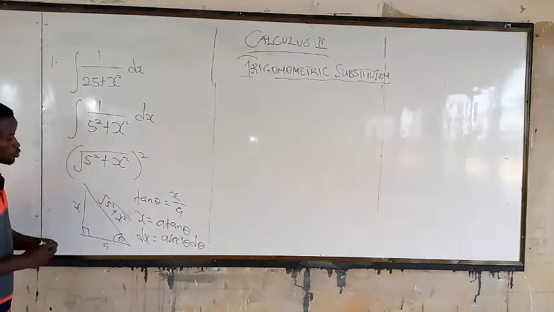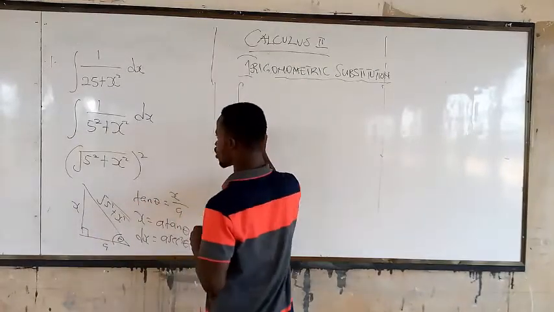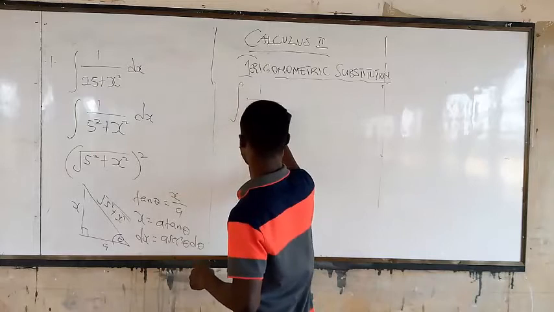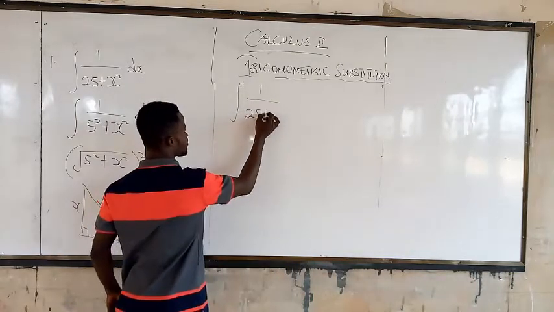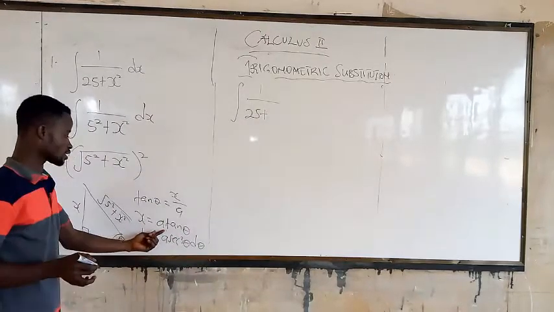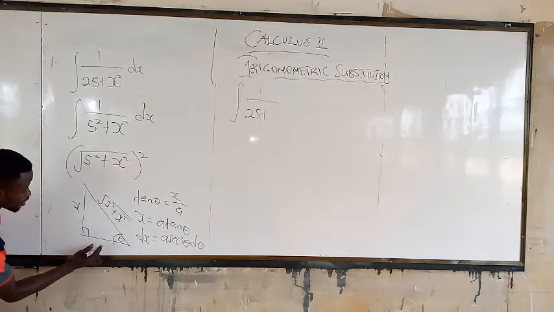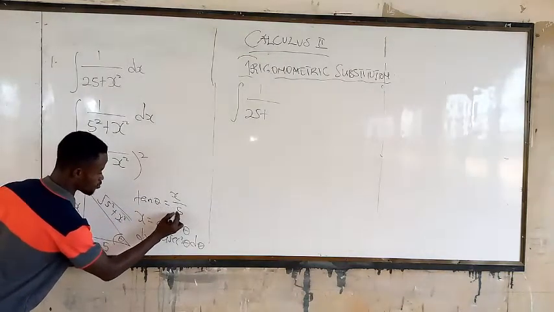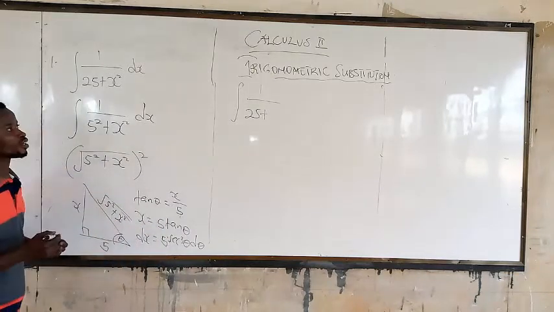Alright? So by substitution into this, you are going to get integral of 1 over 25 plus s squared. Oh, this is supposed to be 5, because the a here is 5. Alright.